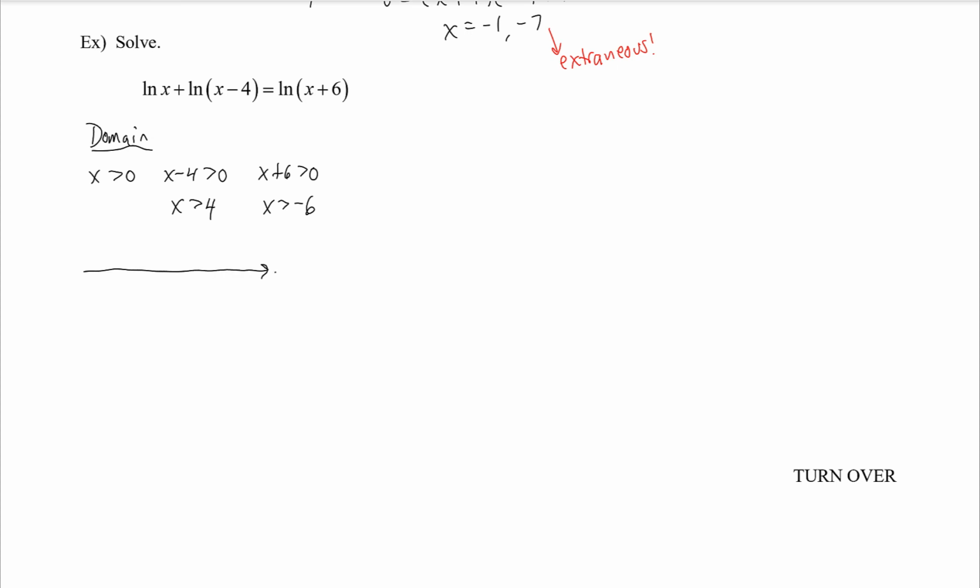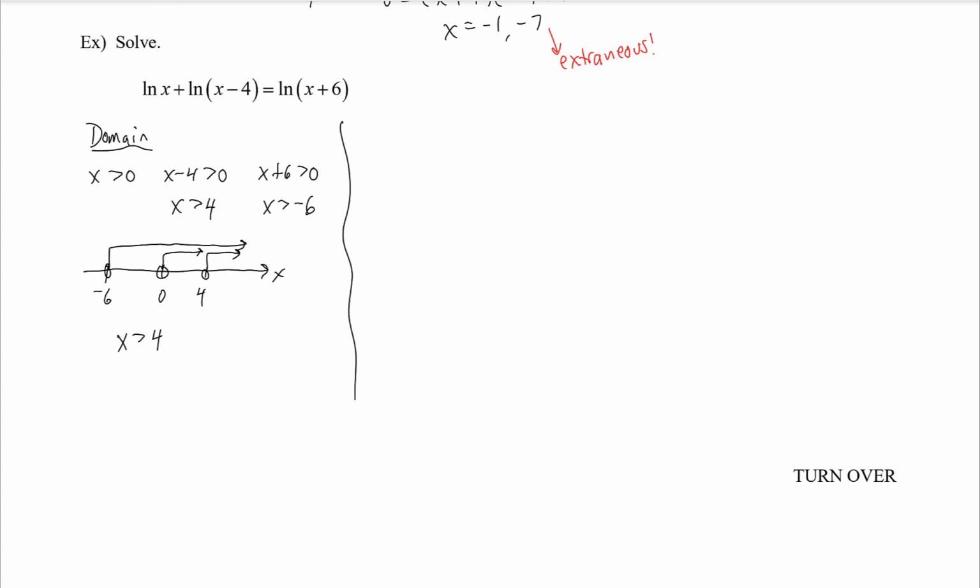So thinking of a number line, I got to be bigger than -6, bigger than 4, and bigger than 0. So they all overlap when x is bigger than 4. So my domain is that x has to be bigger than 4. Those are the only numbers allowed in the solution set.